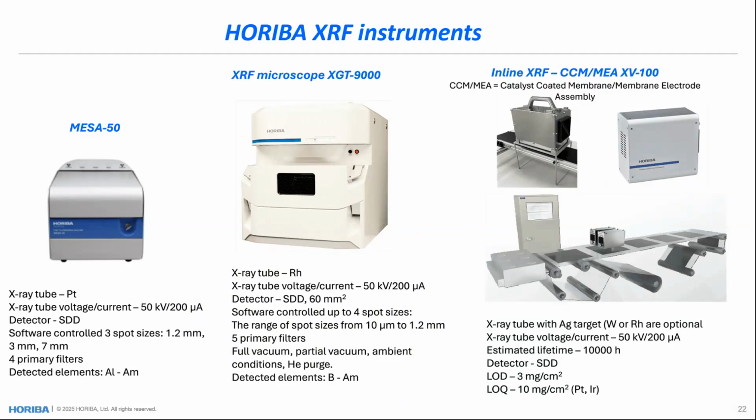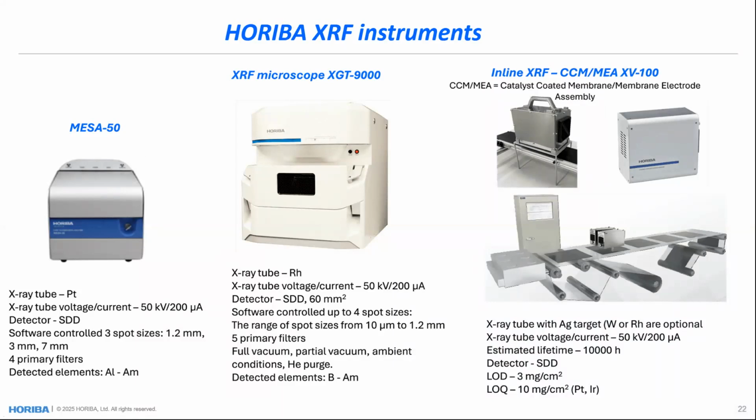The instrument is also equipped with full vacuum, partial vacuum, ambient conditions, and helium purge. We can detect elements from boron to americium. I want to point out that boron, the lightest element, can only be detected by our instrument. No other instrument on the market can detect boron.